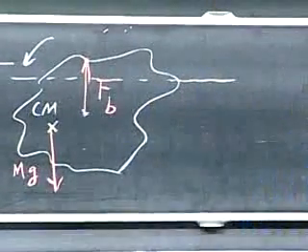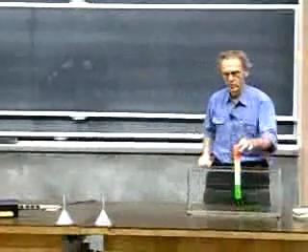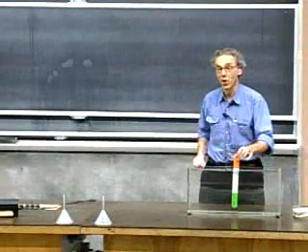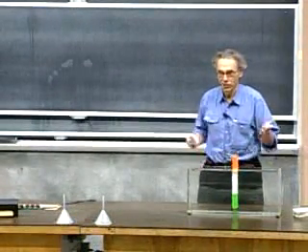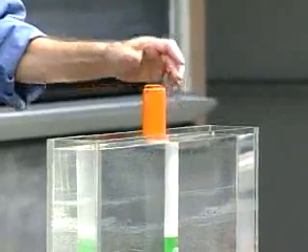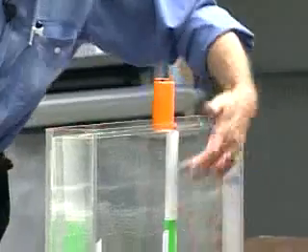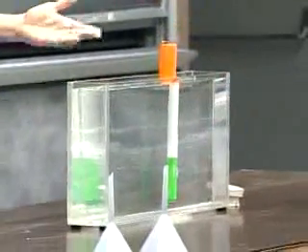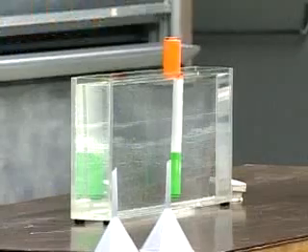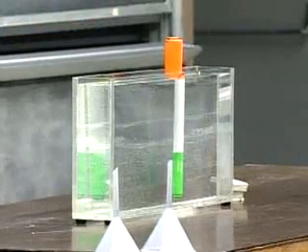I have here an object which has its center of mass very low. You can't tell that. No way of knowing. All you know is that the weight of the displaced fluid that you see here is the same as the weight of the object. That's all you know.